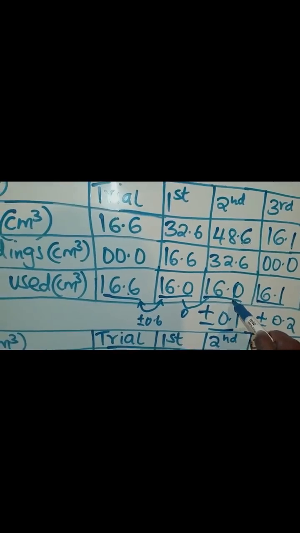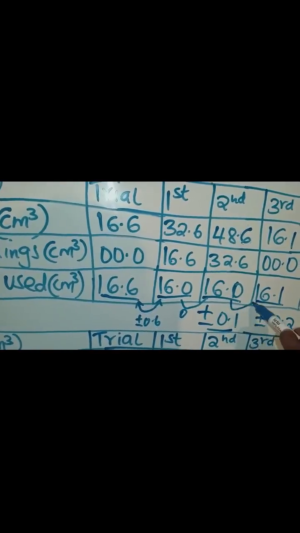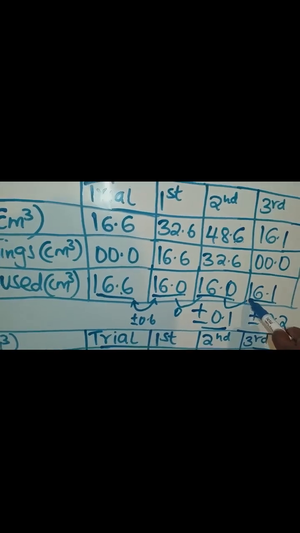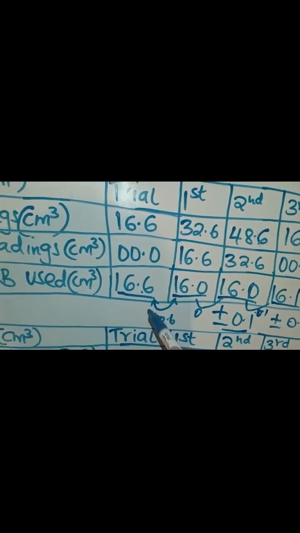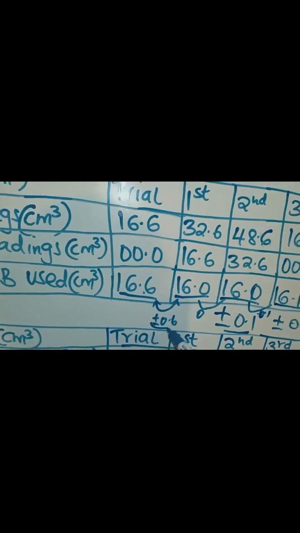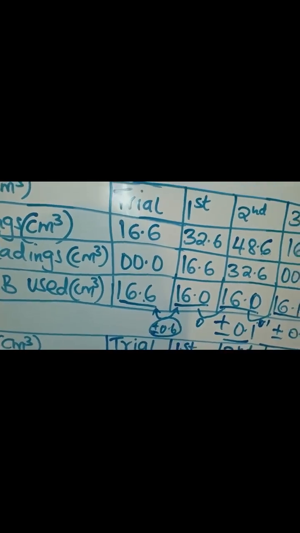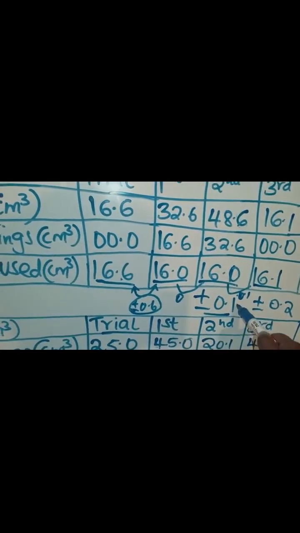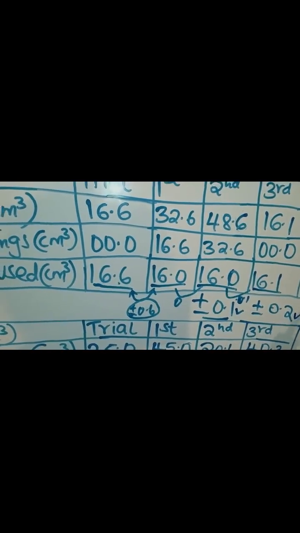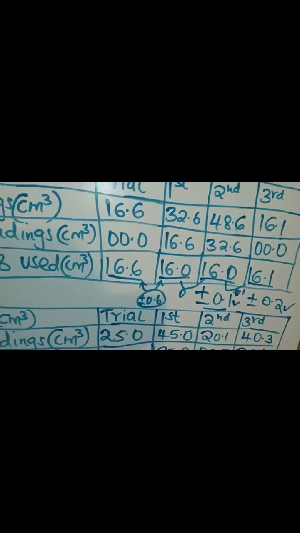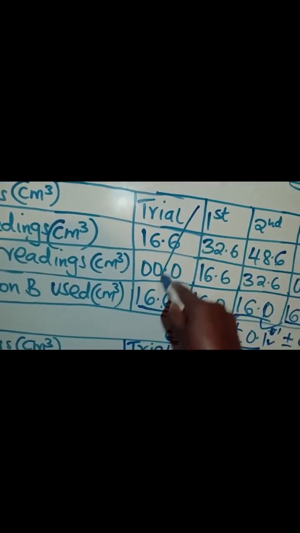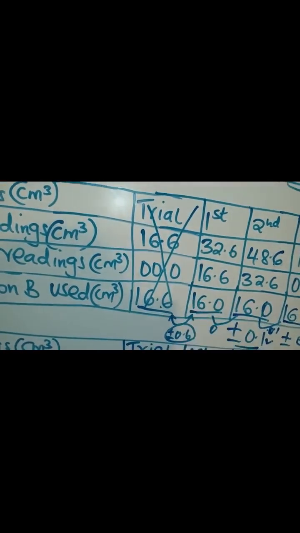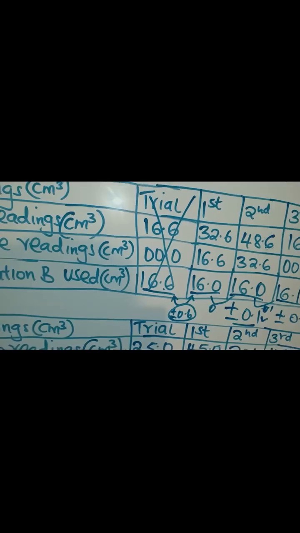The difference from 16.0 to 16.1 is a plus or minus 0.1. So this one has the biggest difference, that is outside the bracket of the differences that are needed. So when you are calculating the average, we ignore this one.